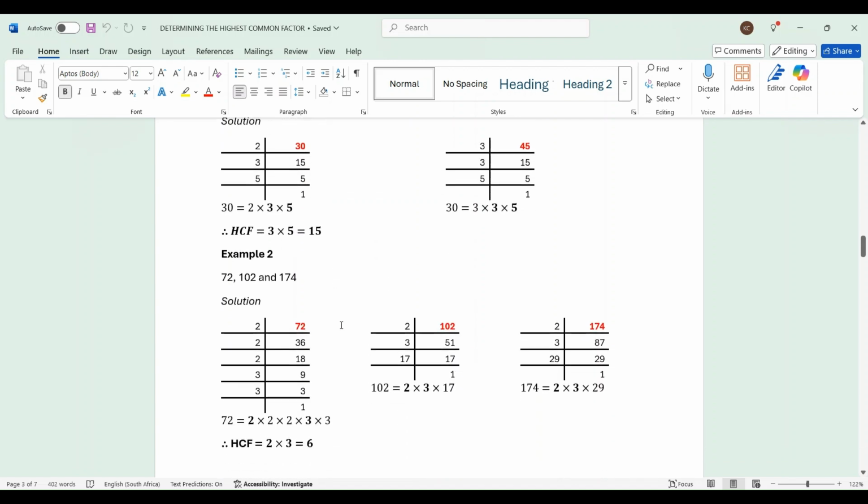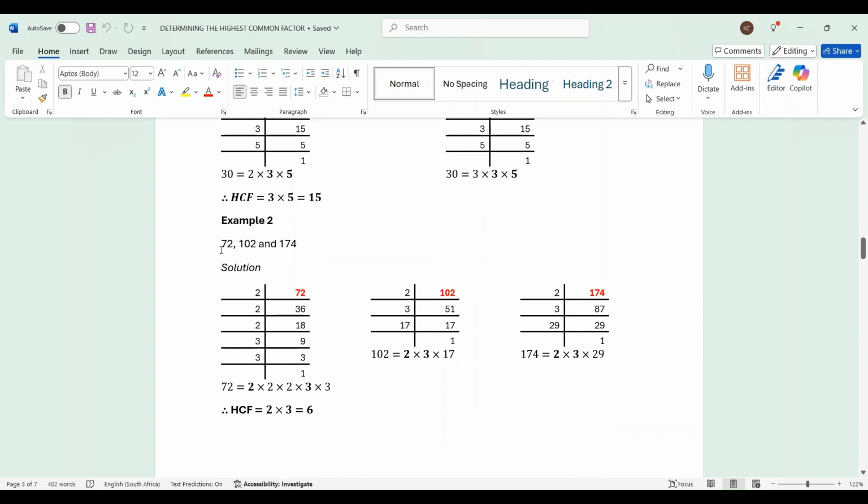Then in our second example, we want the highest common factor of 72, 102, and 174. So we express 72 as a product of its prime factors. Here, for more, you can revisit expressing a number as a product of its prime factors.